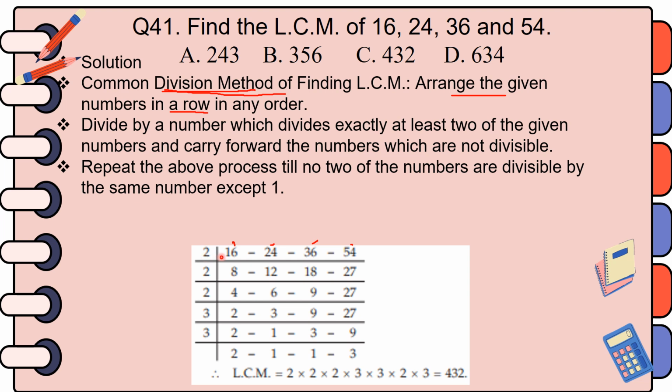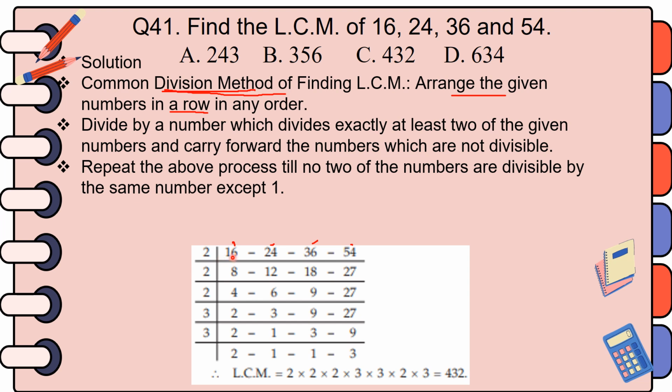Take 2. 2 can divide 16 and 24. Of course, it can divide 36 and 54. You can continue dividing these numbers by 2. So the first criteria is find a certain number which divides at least two of the given numbers exactly.